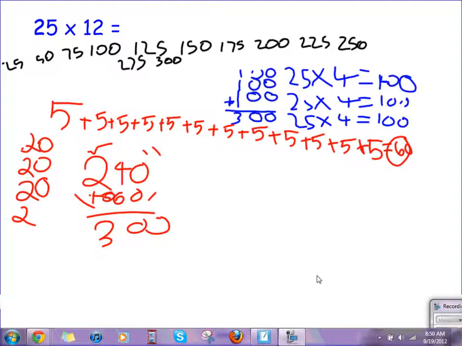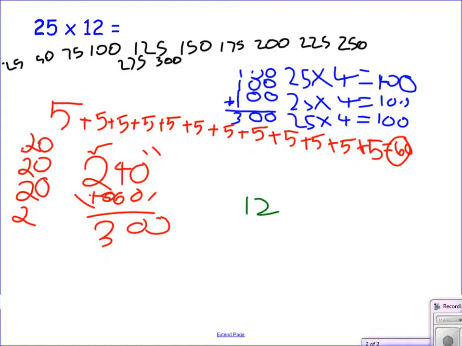So did you do kind of what was up there in blue? Okay.